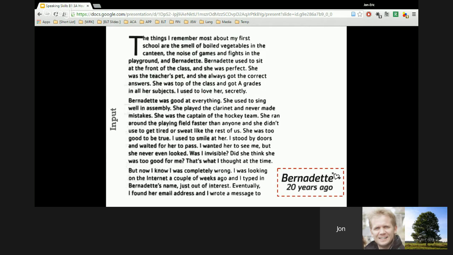She was too good to be true. I used to smile at her. I stood by doors and waited for her to pass. I wanted her to see me, but she never even looked. Was I invisible? Did she think she was too good for me? That's what I thought at the time.